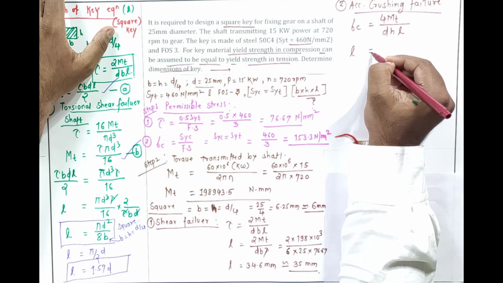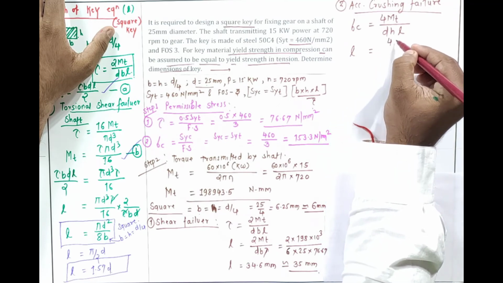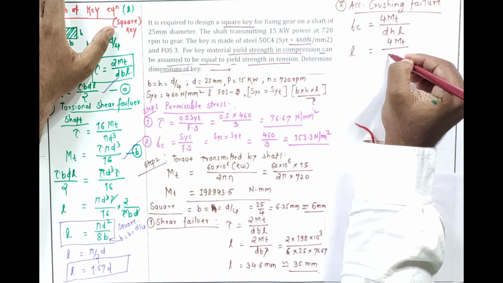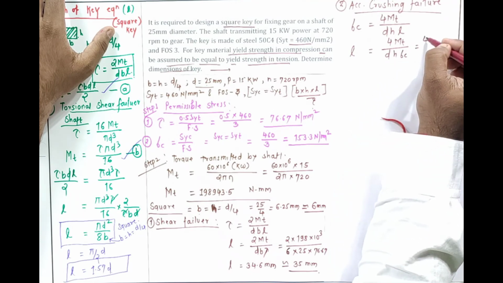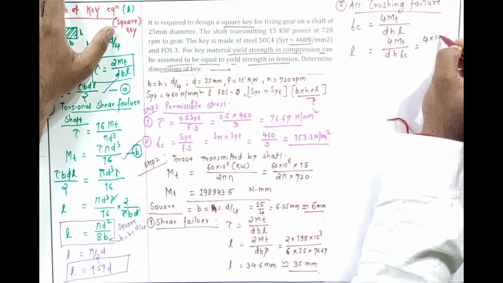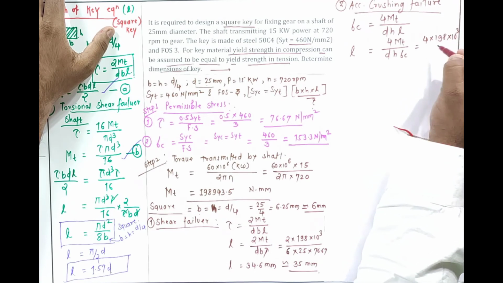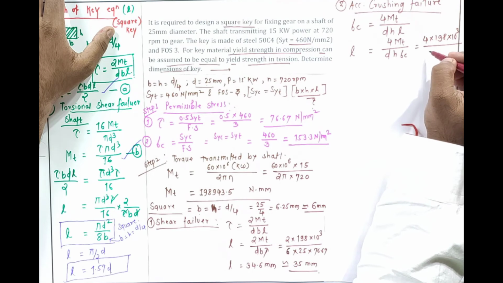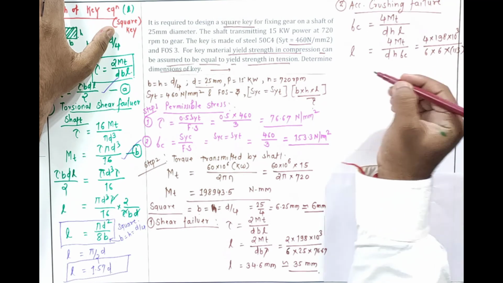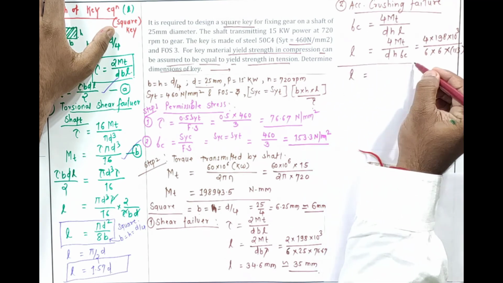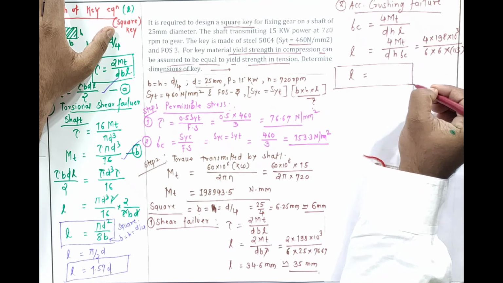Therefore L is equal to 4 mt by dH sigma C. So here 4 into 198 into 10 raised to 3, divided by D, which is 25, into H, which is 6, into sigma C, which we calculated as 153.3. So we get the length for the key.